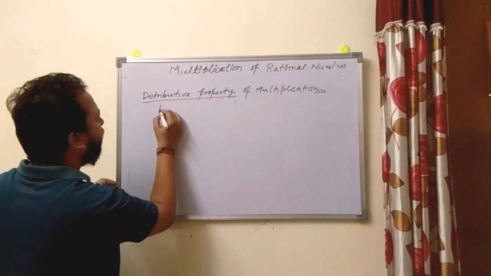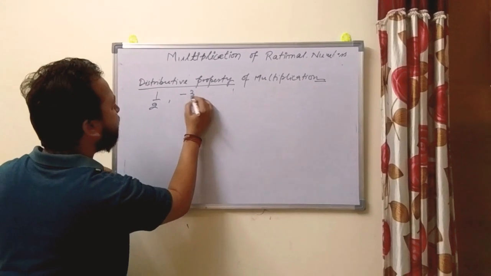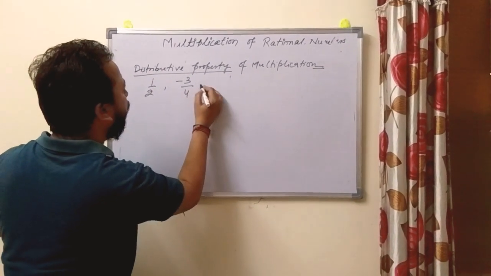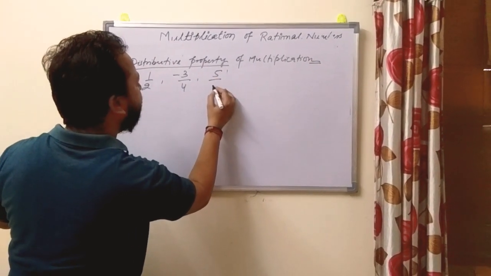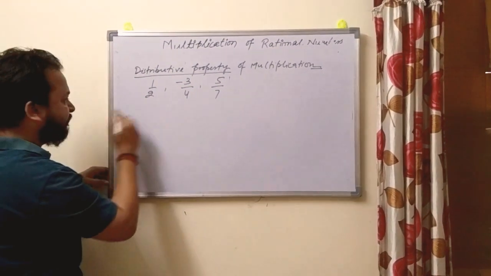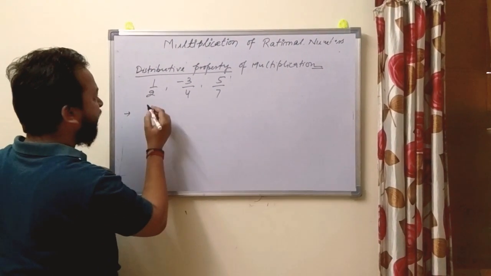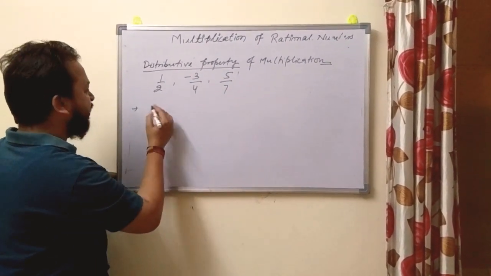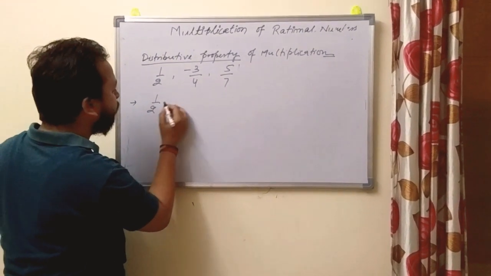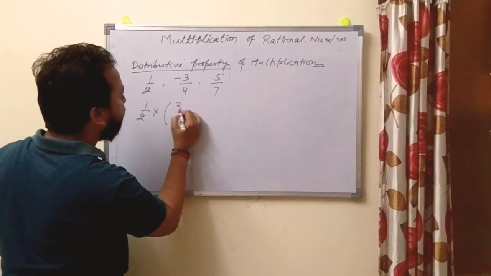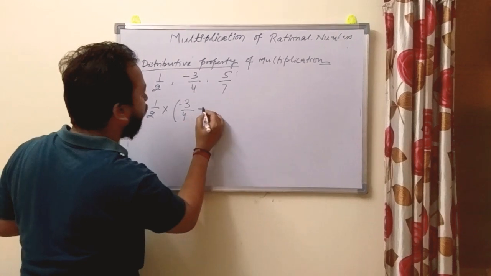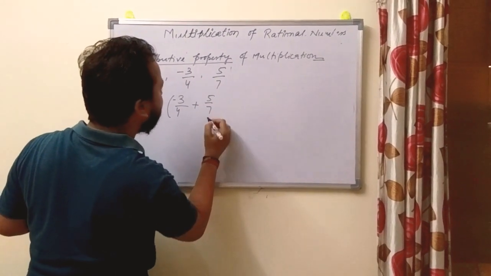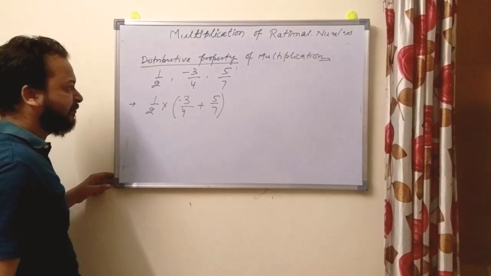So if one number is 1 by 2 and the others are minus 3 by 4 and 5 by 7, so we are taking the property of addition. So 1 by 2 multiplied by minus 3 by 4 plus 5 by 7.